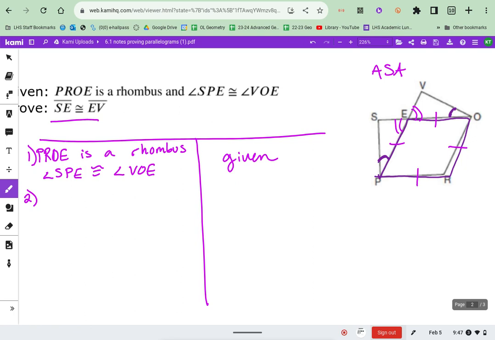All right, the first thing we marked was vertical angles. I'll use 3 letters to describe those. So I'll do angle SEP is congruent to angle VEO by vertical angles.